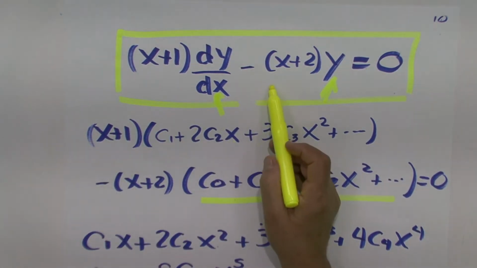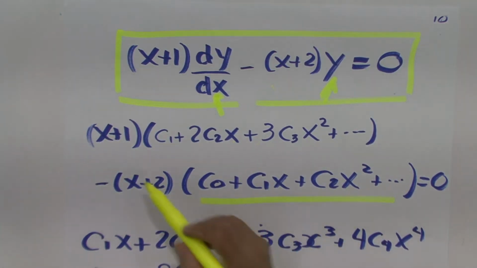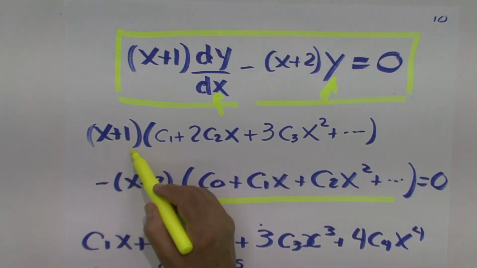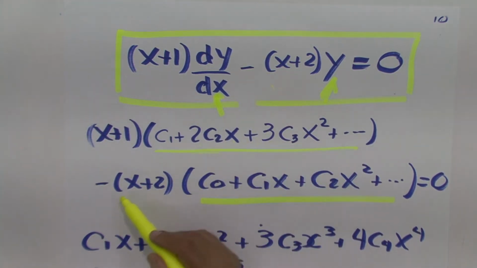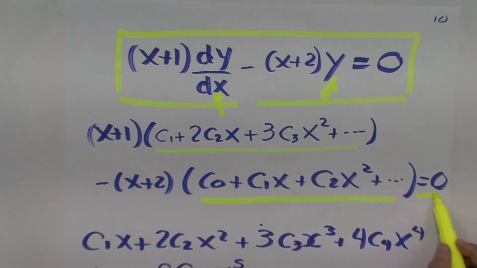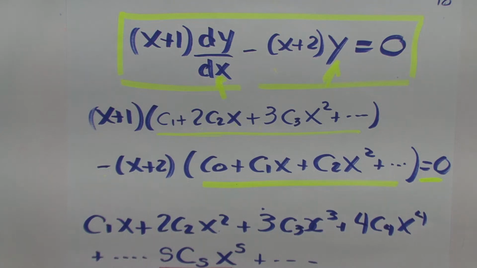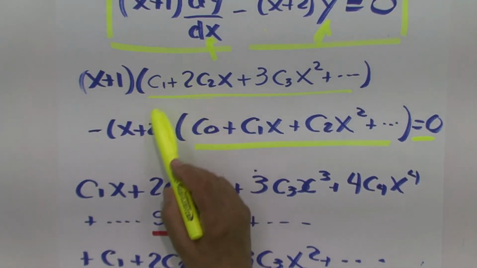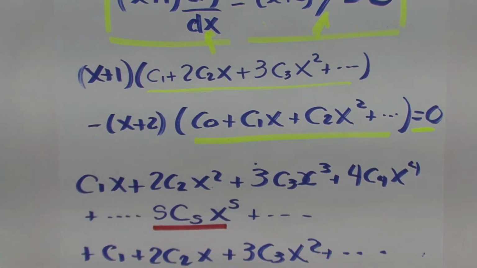Then my differential equation transforms now into a polynomial equation, which is (x plus 1) times the first derivative minus (x plus 2) times the function, and this is equal to 0. Right? And now I first need to do this multiplication before identifying the terms of the same order.